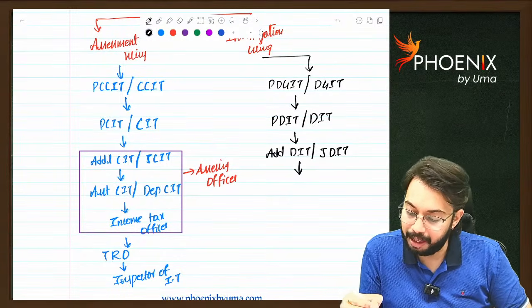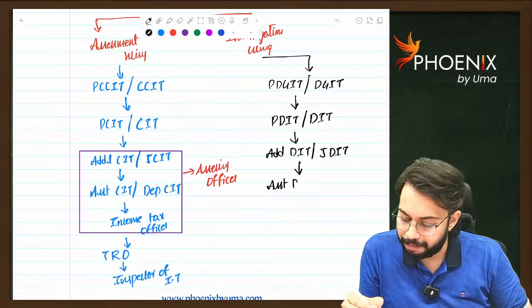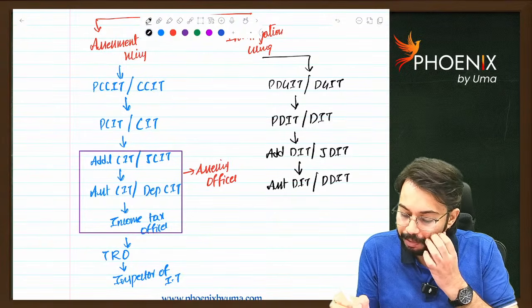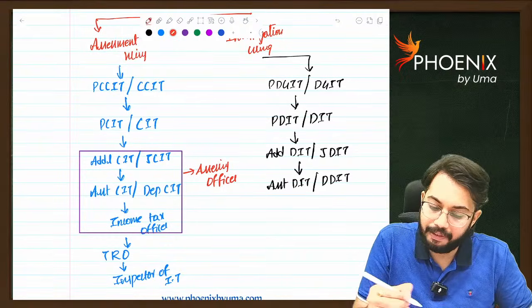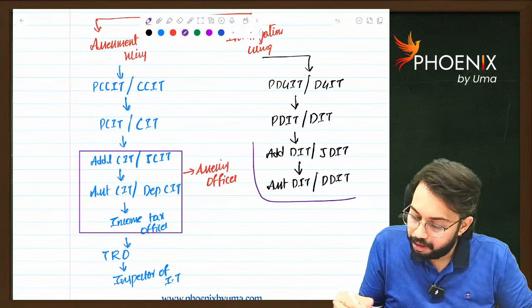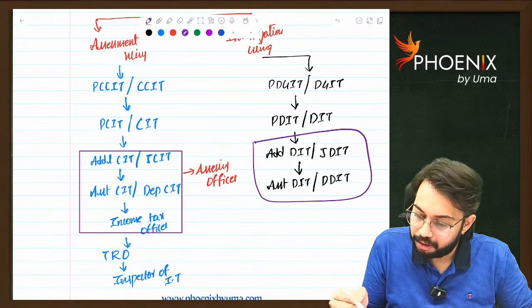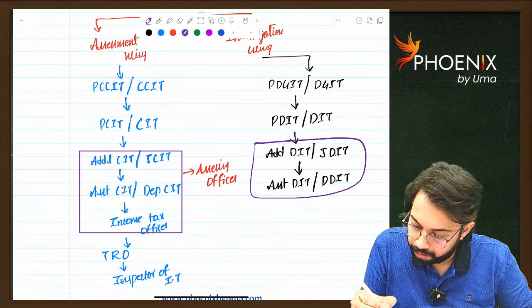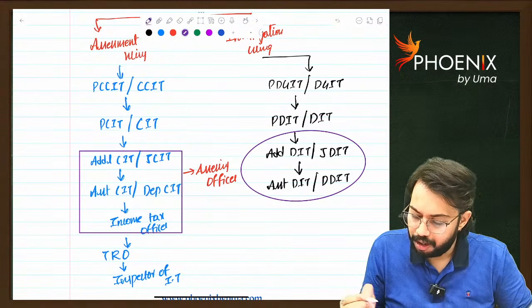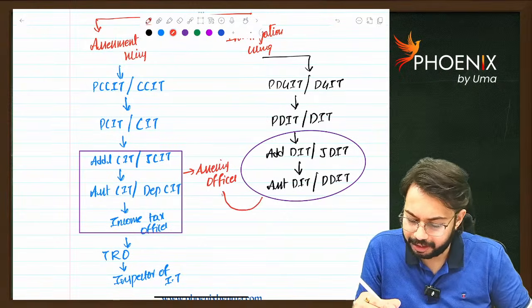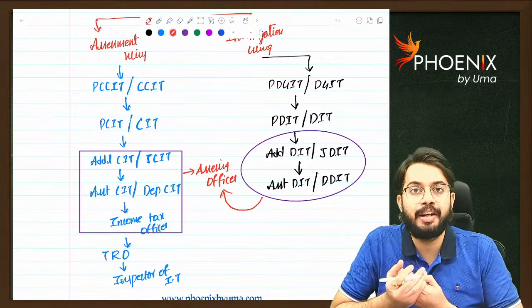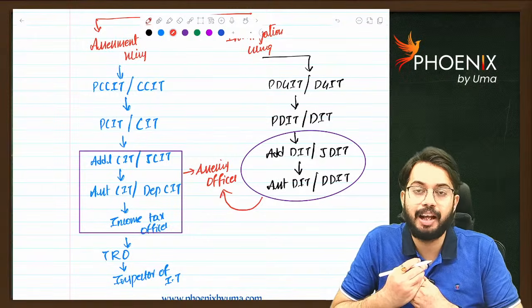Under them, there will be Assistant Director of Income Tax, and Deputy Director of Income Tax. These are also considered as assessing officers.